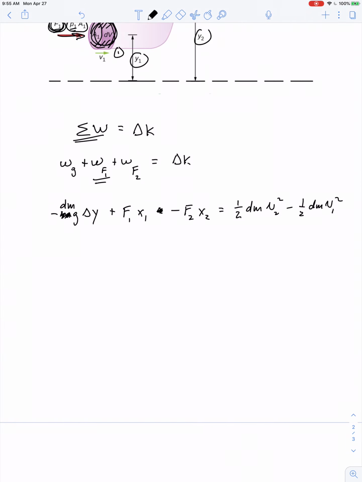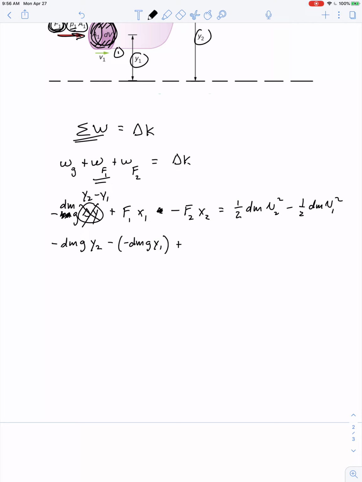Okay, let's see. This is negative dm g y2 minus negative dm g y1. So we can get rid of delta y by saying it's the same thing as y2 minus y1.